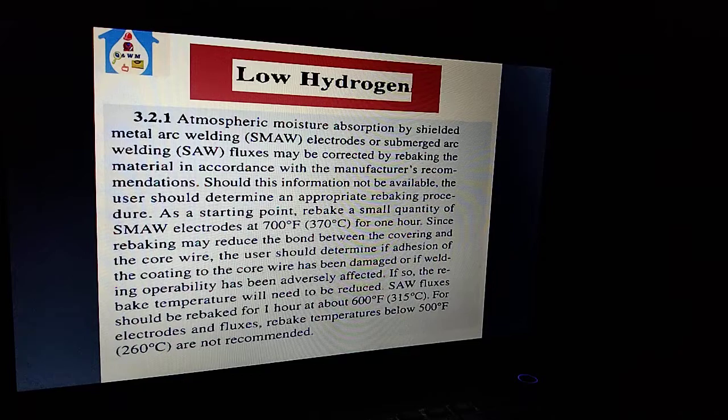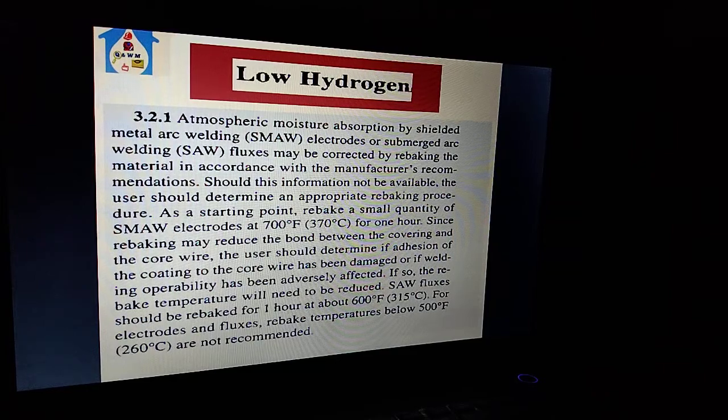As a starting point, rebake a small quantity of SMAW electrodes at 700 degrees Fahrenheit, 370 degrees centigrade, for 1 hour.